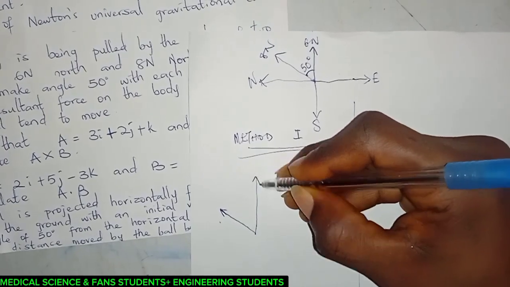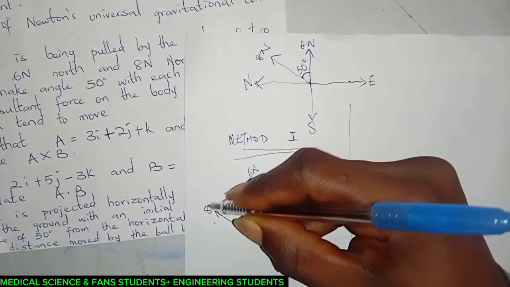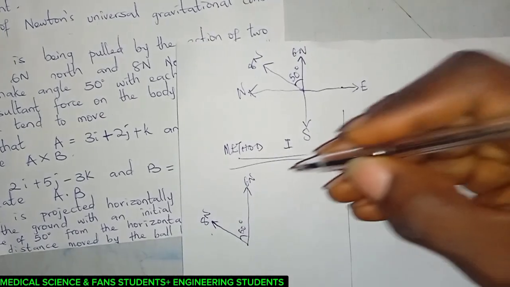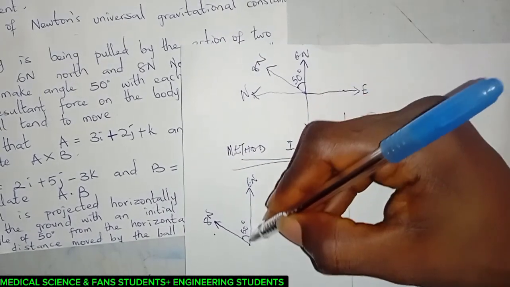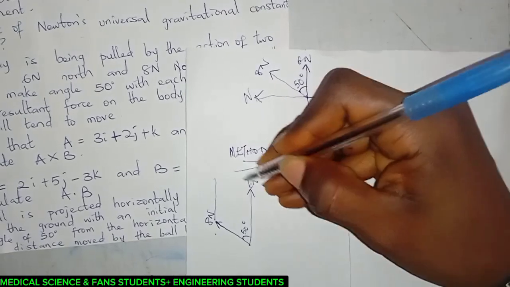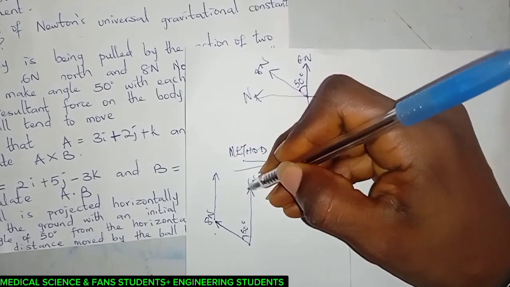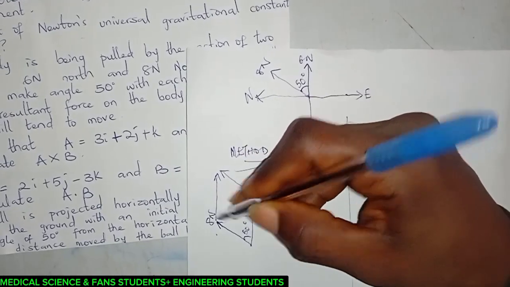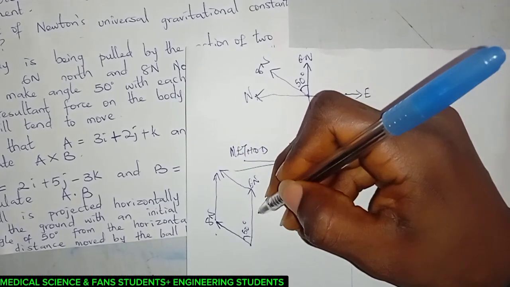So this is 6 Newton. This is 8 Newton. There's an angle here which is 50 degrees. Then this line here has another equivalent. When you place your ruler and draw the heights, it should give you something this way. So you're trying to use a parallelogram.